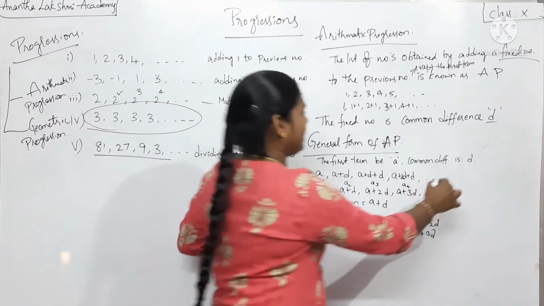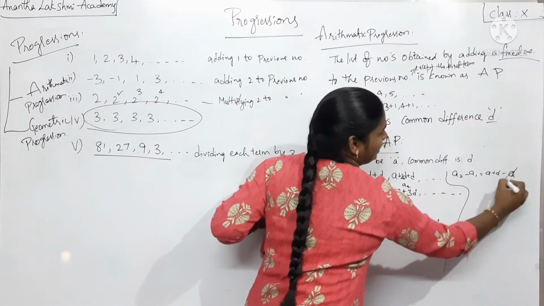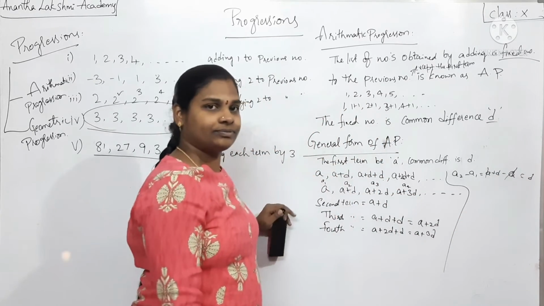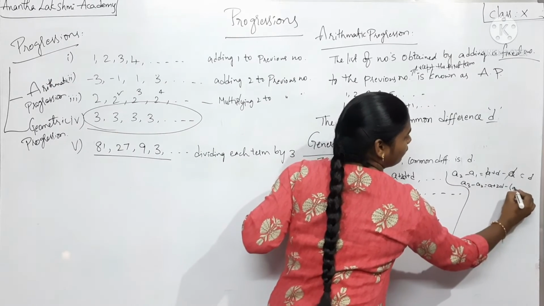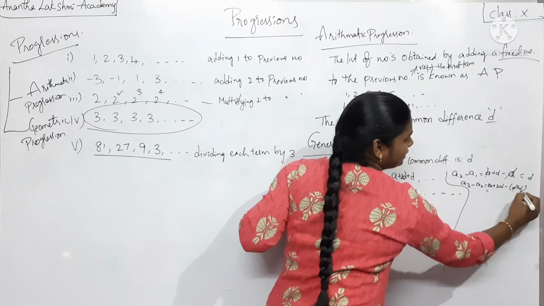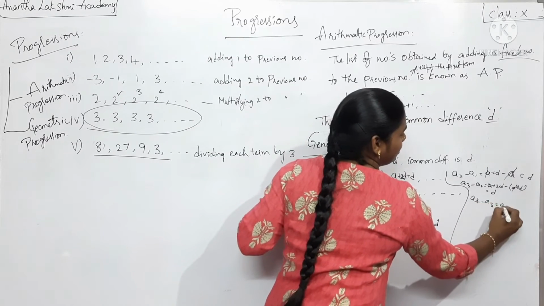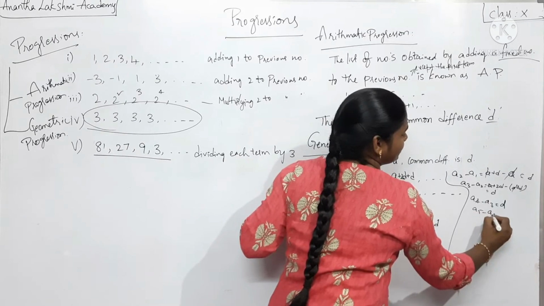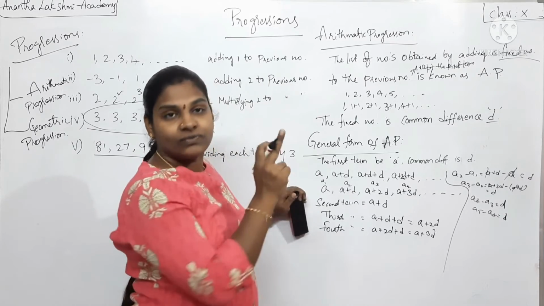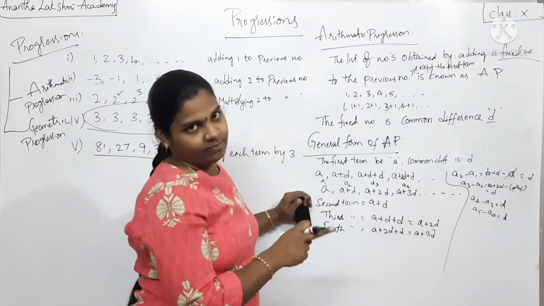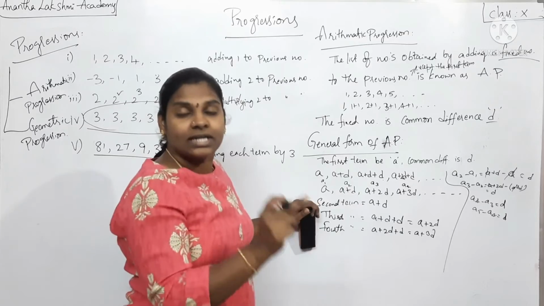Now, A2 minus A1 is nothing but A plus D minus A. A gets cancelled and this becomes D. Likewise, if you do A3 minus A2, A plus 2D minus (A plus D), A gets cancelled, 2D minus D is again D. Likewise, even if you do A4 minus A3, you will get D. A5 minus A4 also you will get D. The difference between consecutive terms of an AP is always D. And you have to consider the difference as A2 minus A1, not A1 minus A2.